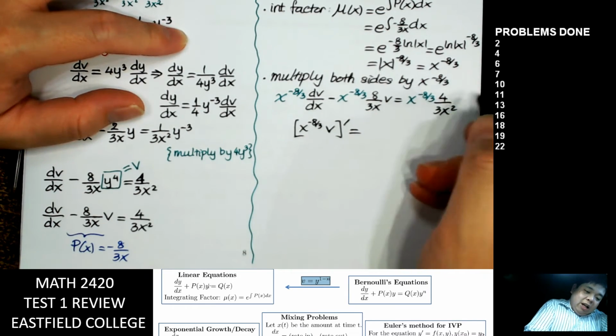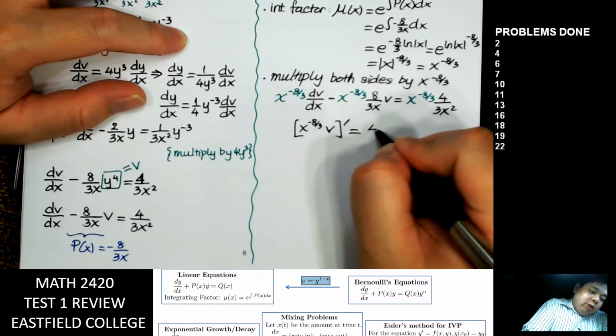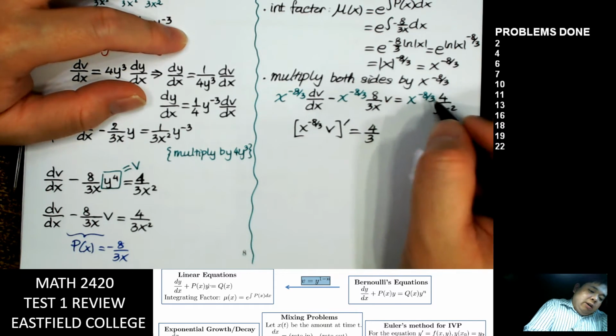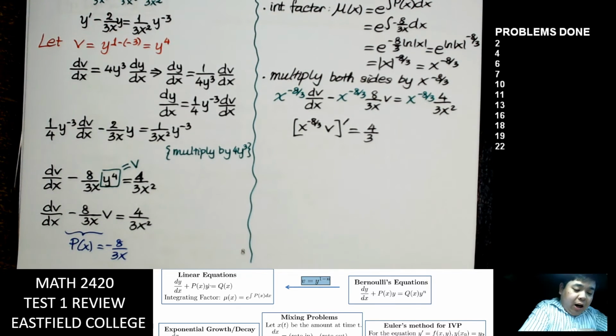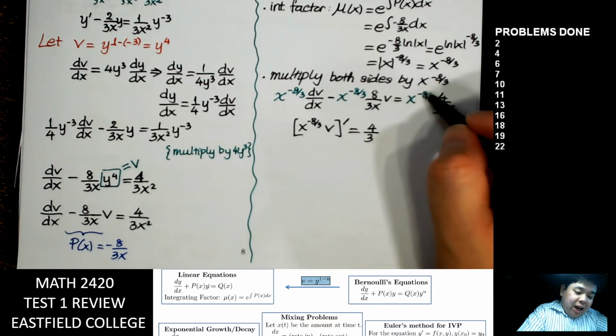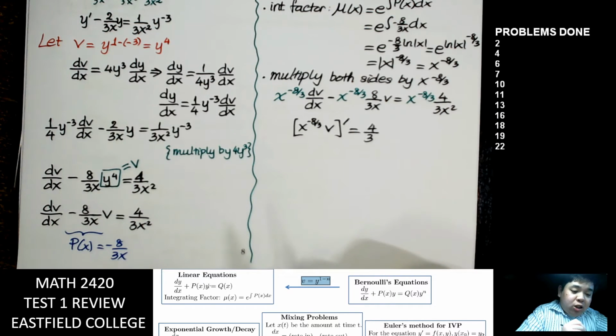And let's simplify this first. 4 over 3, that is negative, so we move that to the bottom, and we have 8 over 3 plus 2.